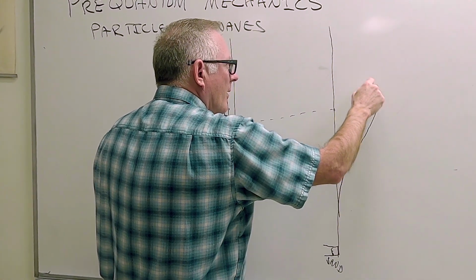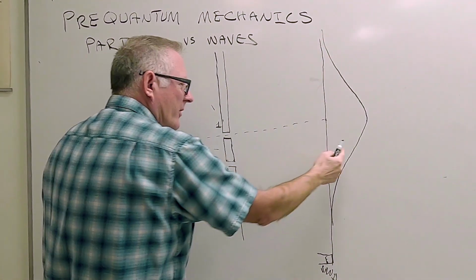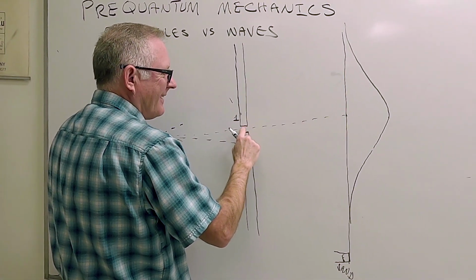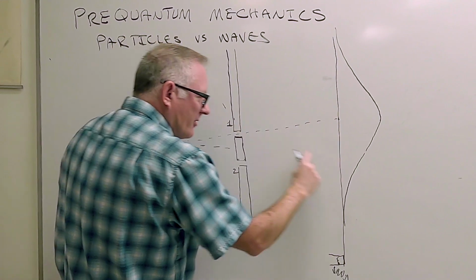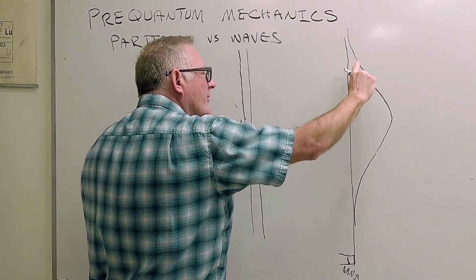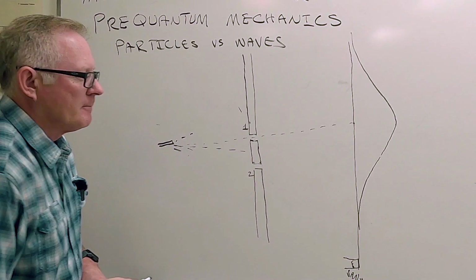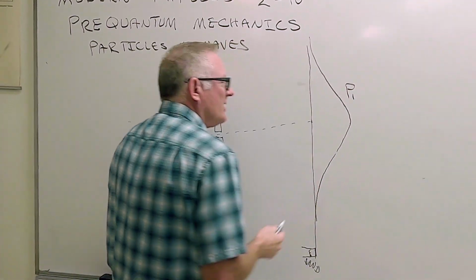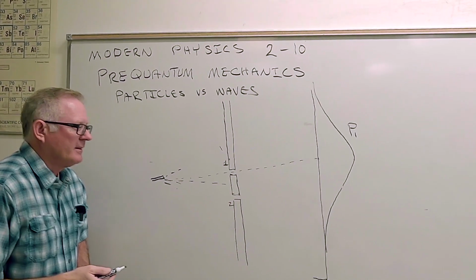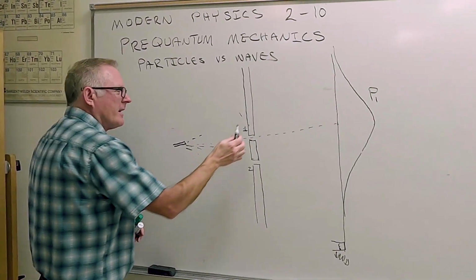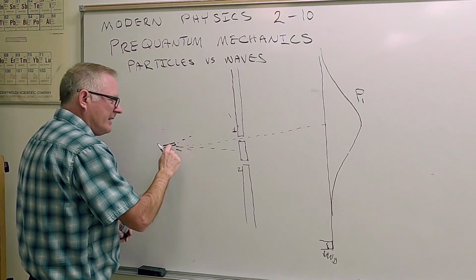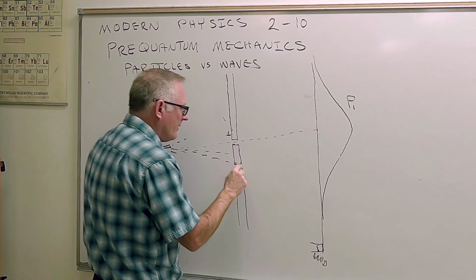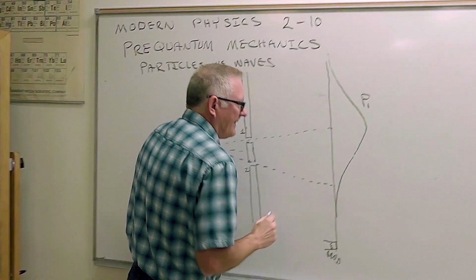Now, you could still get hit over here because these bullets are just a little bit smaller than the hole, so they could bounce off and come over here. It could bounce off that edge and come up there. So this is the probability of just getting through the first hole right there. Now, if we cover up that hole and continue this experiment, we would expect most of them to go right there.